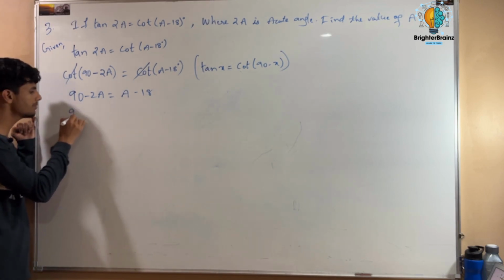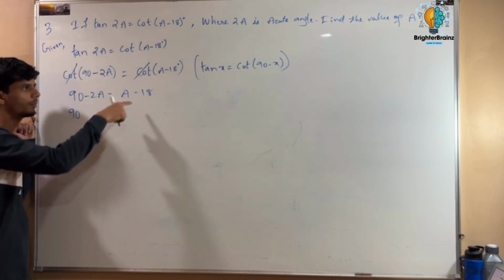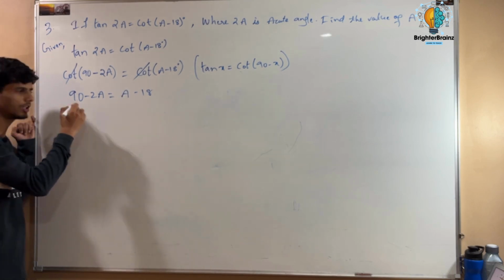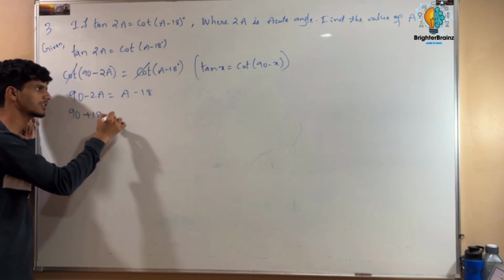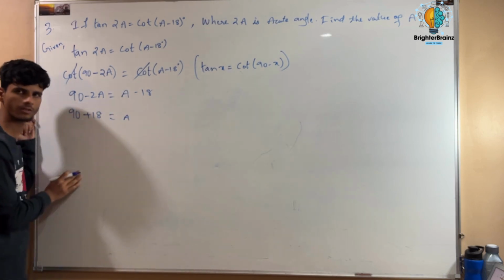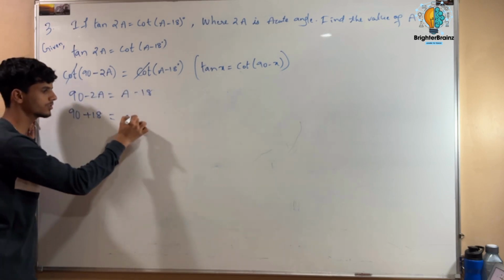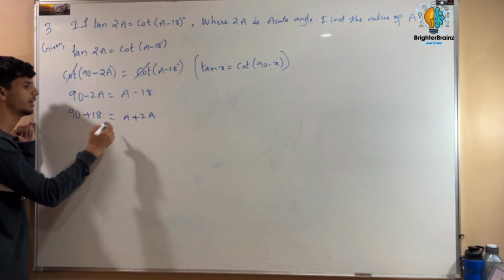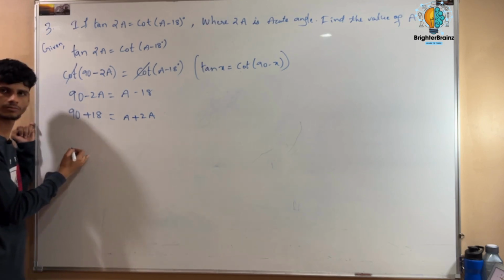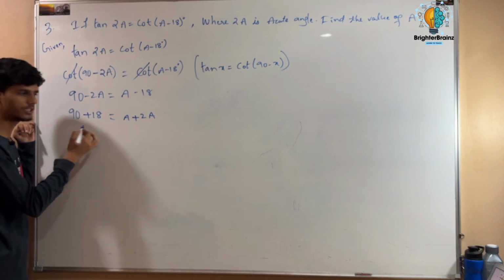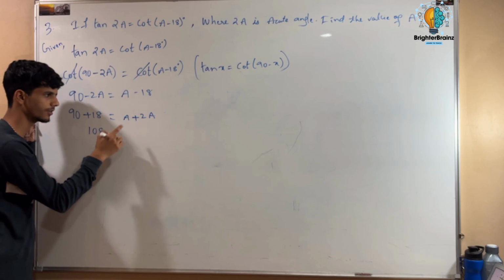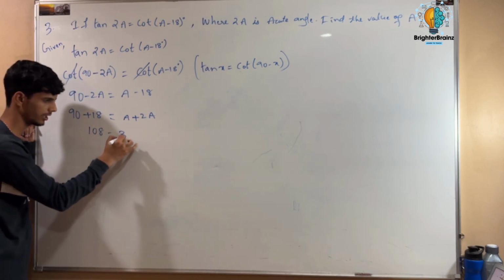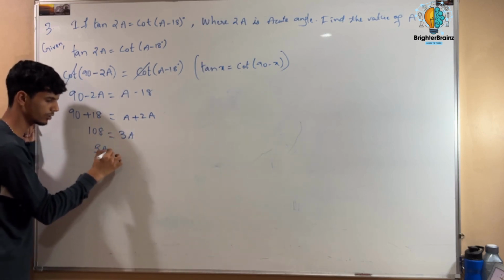So now it becomes 90 as it is, minus 18 transposed becomes plus 18, is equal to a as it is, minus 2a transposed becomes plus 2a. Okay. Then 90 plus 18 is 108, is equal to a plus 2a, 3a. Then 3a is equal to 108.